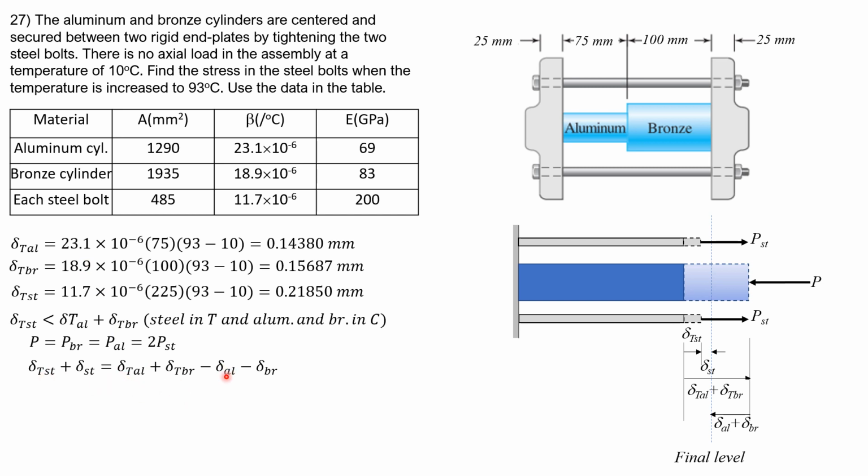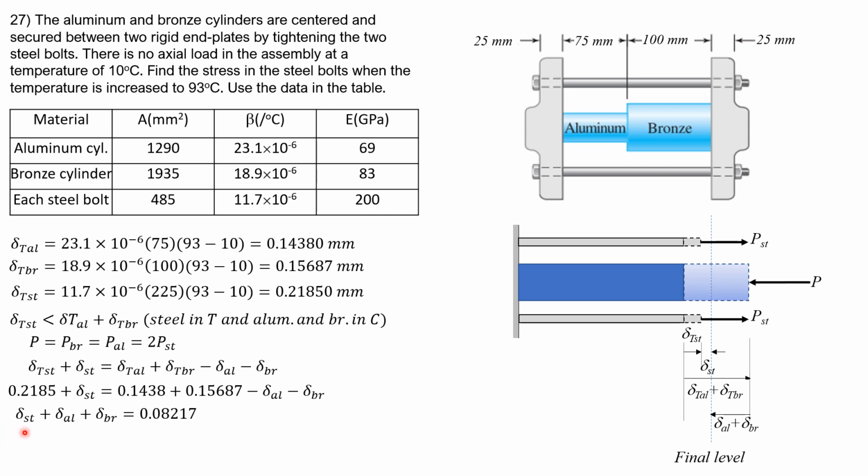So let's transpose this negative value here. So 0.2185 plus delta ST equals 0.1438 plus 0.15687. They are computed there, minus delta AL minus delta of bronze. So transpose to the left, so delta ST plus delta AL plus delta BR equals 0.08217.